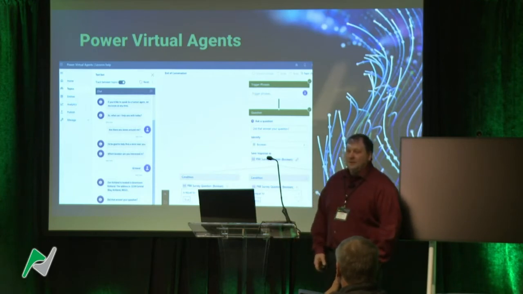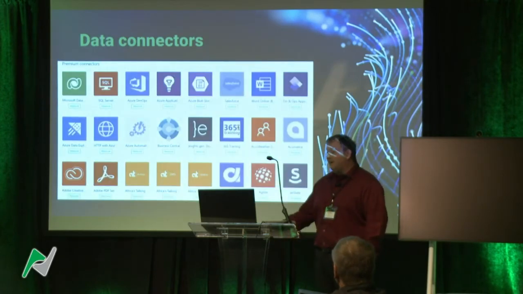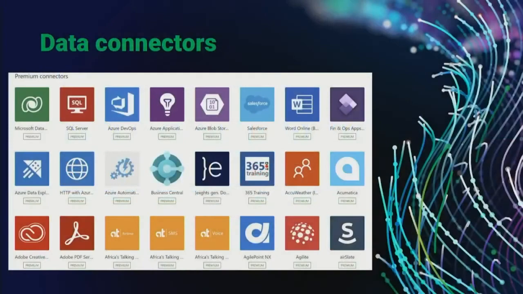So this is the 4th pillar, and now we'll take a look at the bottom 3. These are the components we were talking about before. Microsoft has given us 300 data connectors, which tie back to your data source. We have everything from SQL Server, Excel, and Dataverse listed up here.